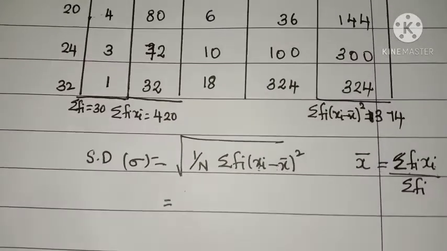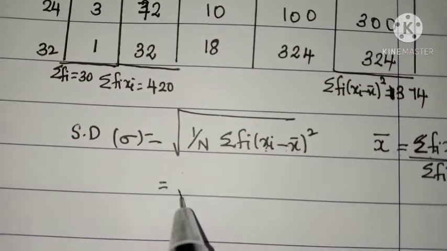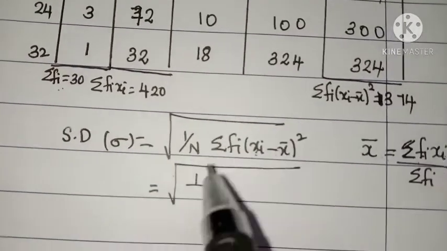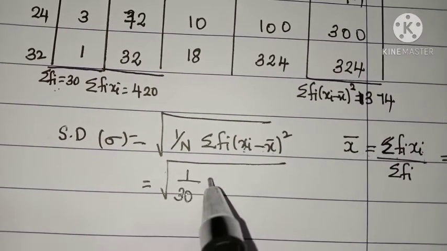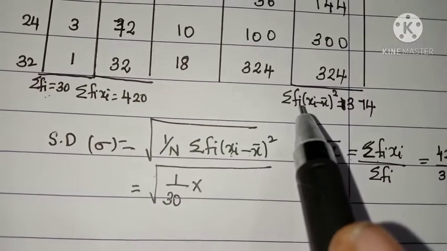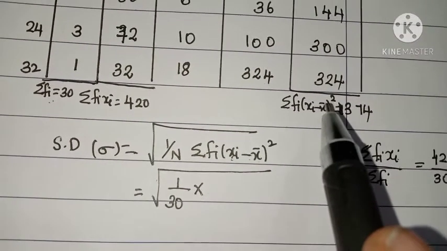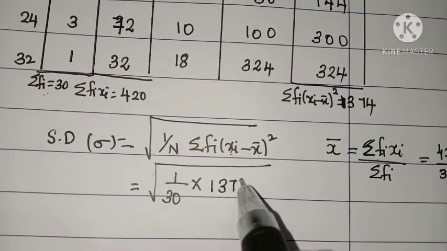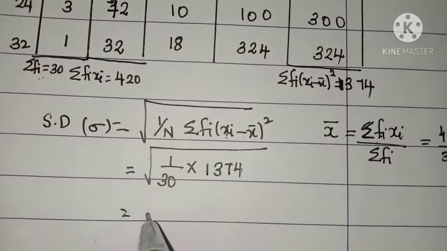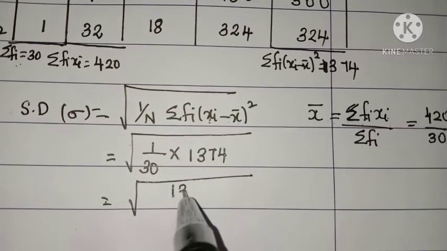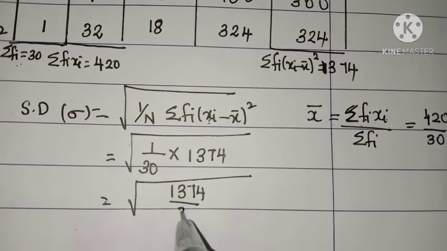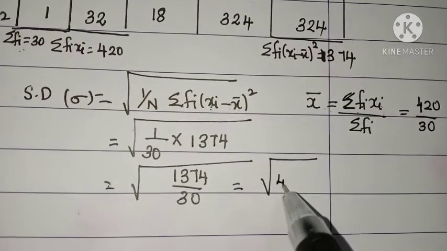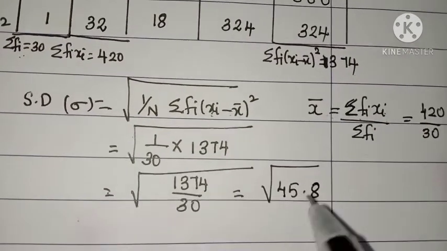So standard deviation is equal to root of 1 by n. What is n? Total frequency. 1 by 30 into sigma fi into (xi minus x bar) whole square, which is 1374. So this is 1374 by 30, which is root of 45.8.